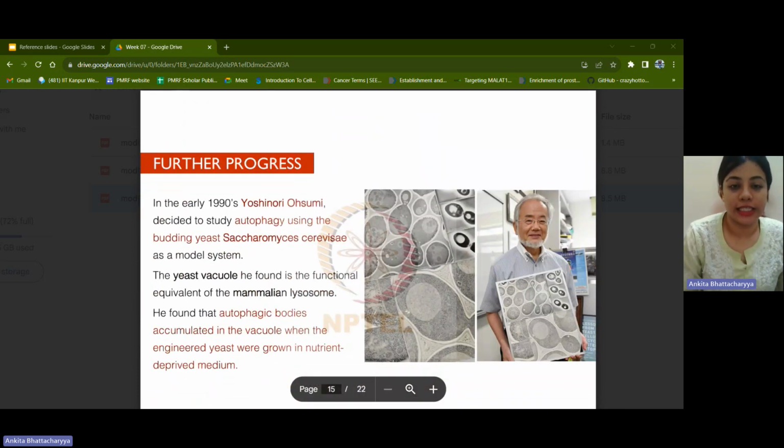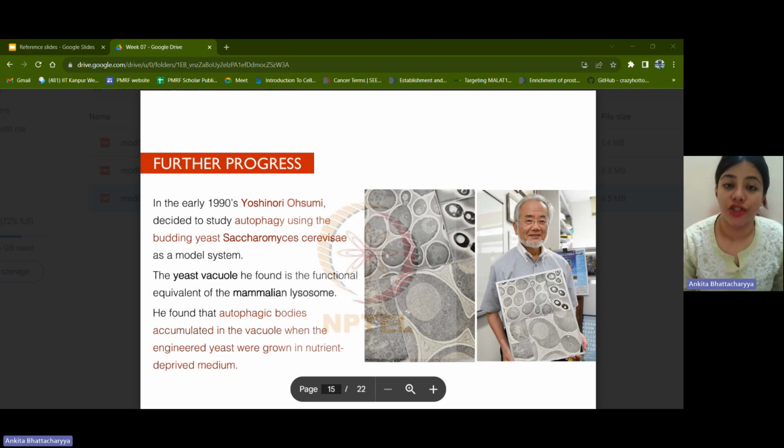Further, in the early 1990s, Yoshinori Ohsumi decided to study autophagy using the budding yeast Saccharomyces cerevisiae as the model system. And the yeast vacuole he found is the functional equivalent of the mammalian lysosome. So he used a different organism, but the concept was elucidated by him.